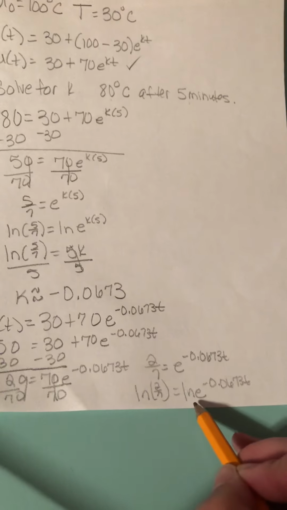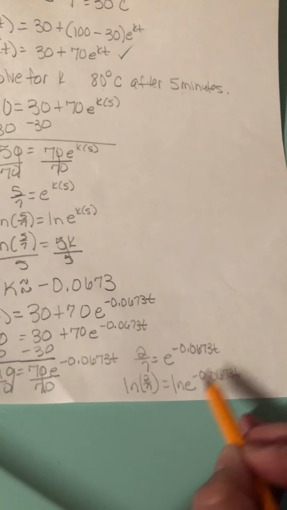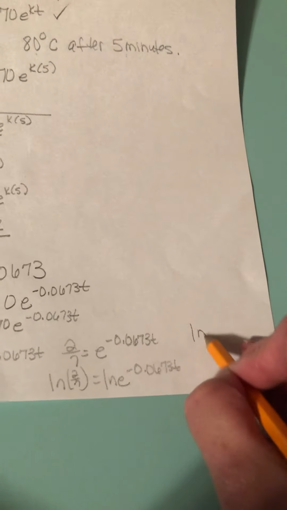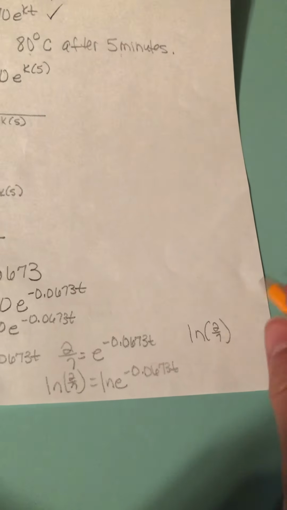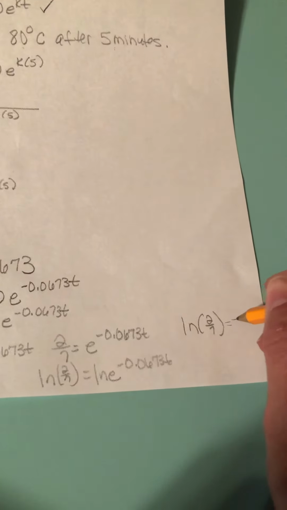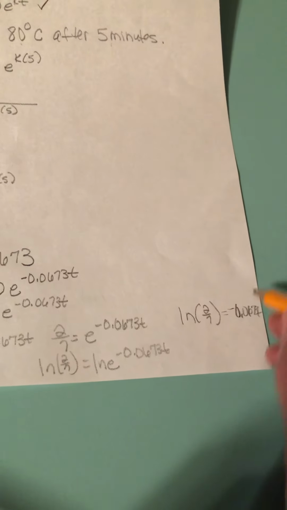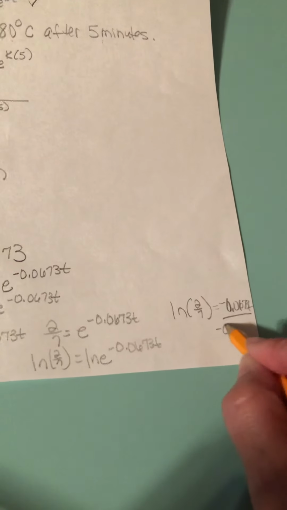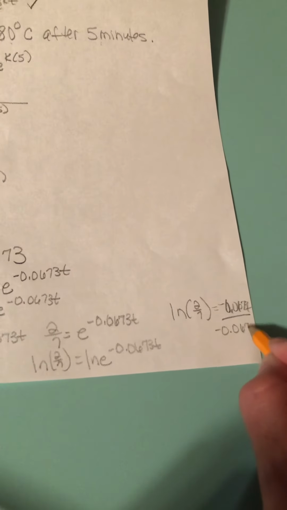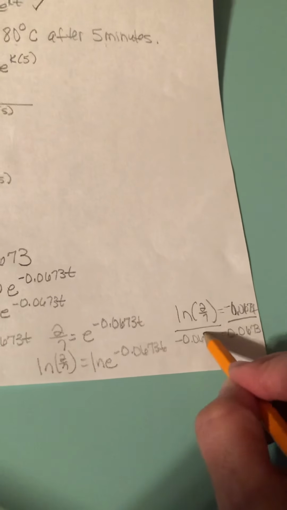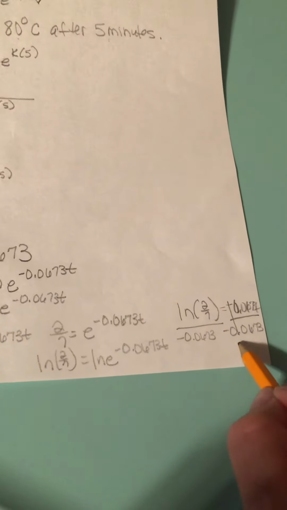The natural log is log base e of e, which will cancel everything out, and you'll have the natural log of 2/7 is equal to negative 0.0673 t. Now let's divide both sides by our decimal.